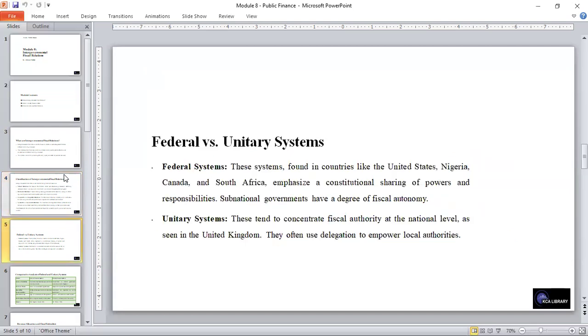Looking at the federal versus unitary system, in brief before we broaden it, the federal system is found in countries like the United States, Nigeria, Canada, and South Africa, which emphasizes a constitutional sharing of power and responsibilities.